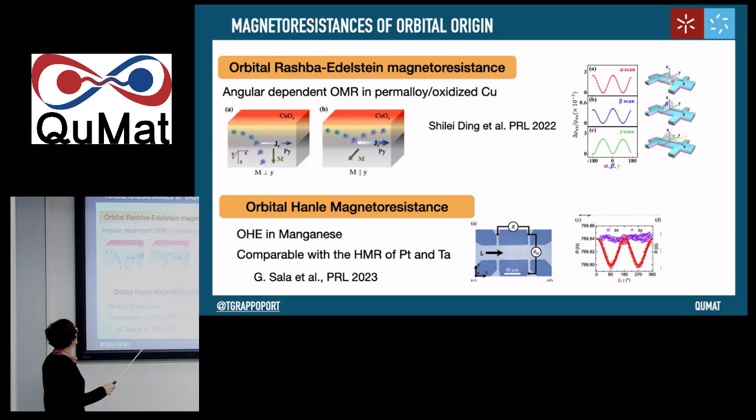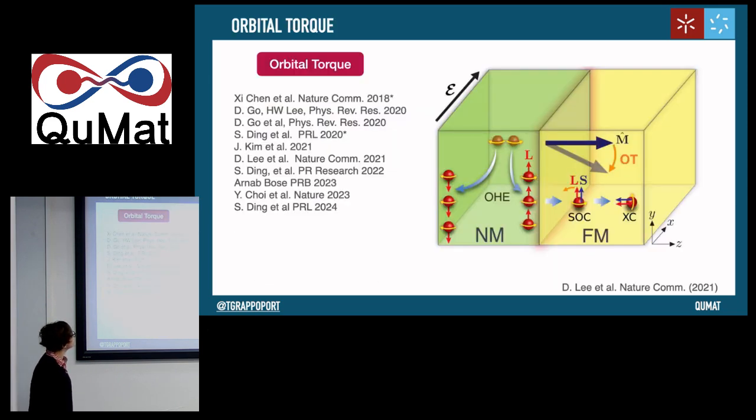The group of Pietro Gambardella, for example, uses manganese and compares the results for the magnetoresistance with platinum or tantalum, with very strong spin-orbit coupling. They see the same magnitude of magnetoresistance, so it's a Hanle effect that's now associated with an orbital origin. I don't want to spend too much time on this.